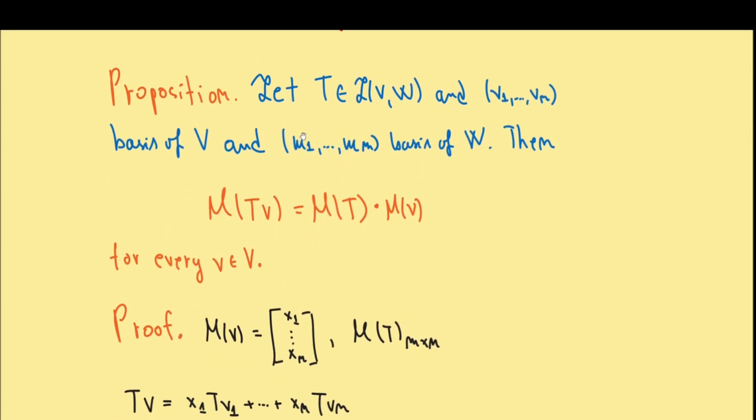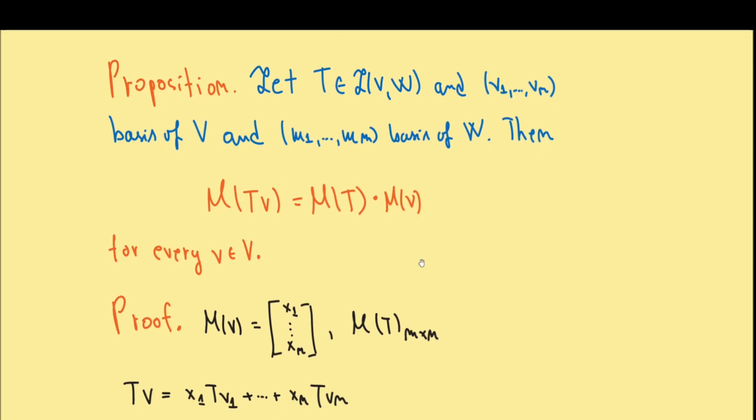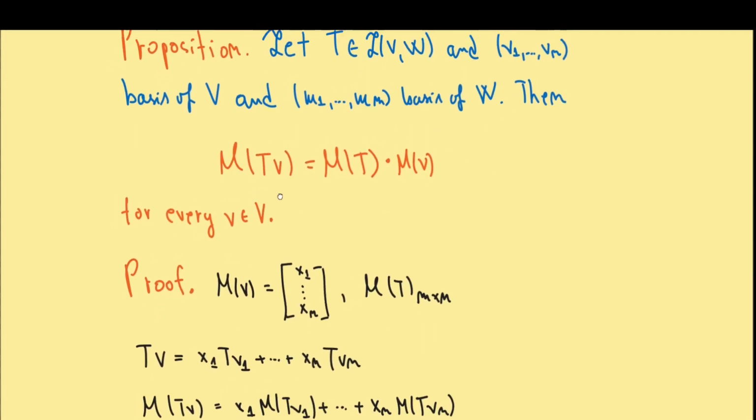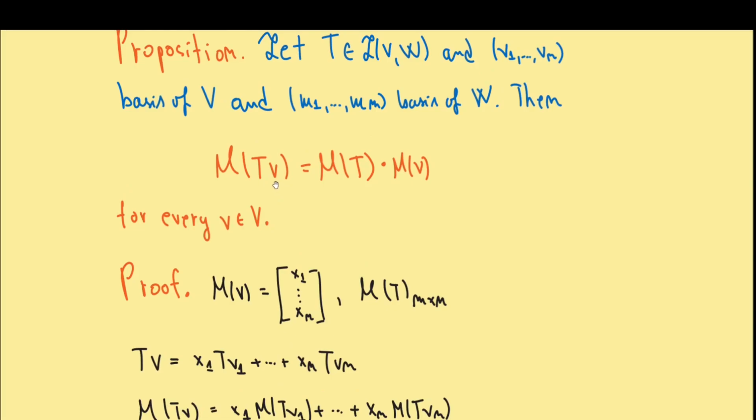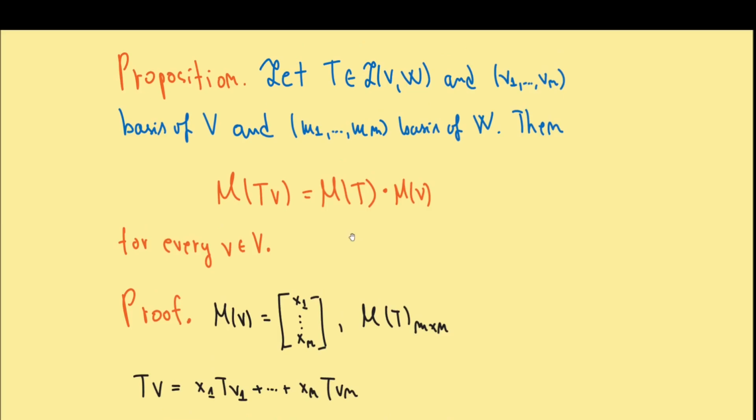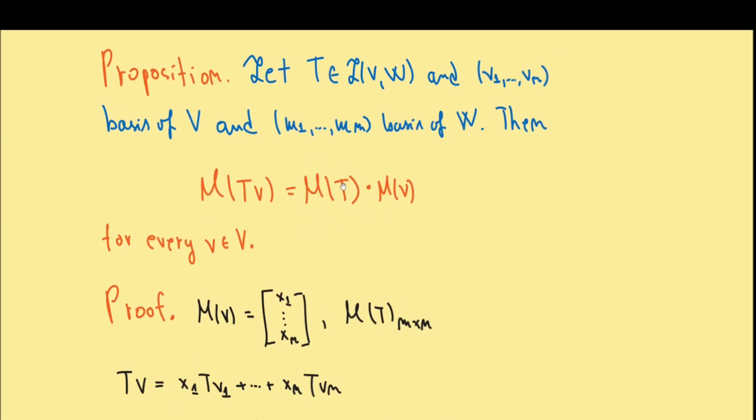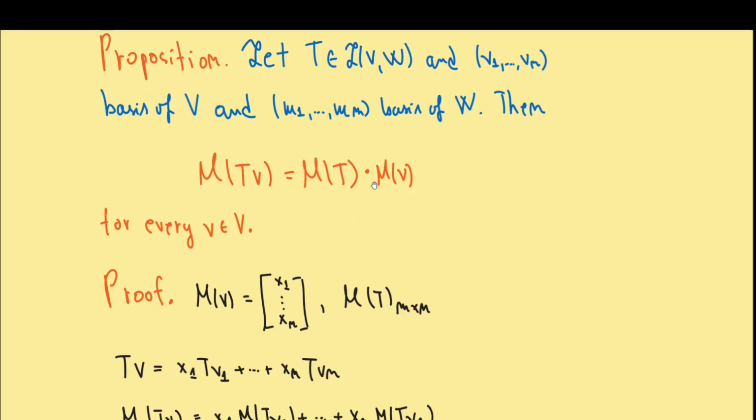And now we have the following proposition, which captures the whole point of matrices and multiplication and their connection to linear transformations. If T is some linear transformation, and this is a basis of V, and this is a basis of W, then the matrix of when our linear transformation acts upon some arbitrary v in our vector space V, well, that is the same as if I were to take the matrix of T relative to all of those bases and the matrix of v, and I perform matrix multiplication.